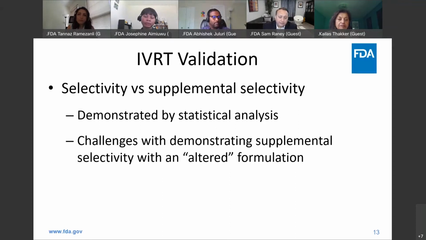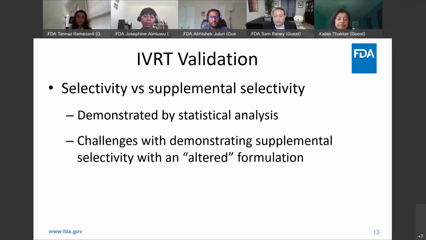My feeling is no. I appreciate the challenge that Josephine brought up. But the challenge, on the other hand, is that there are some gels, for example, where you make modest changes and you may not see a difference in the release rate.